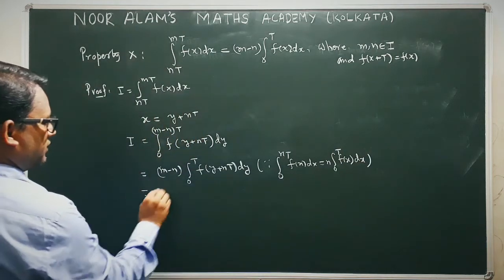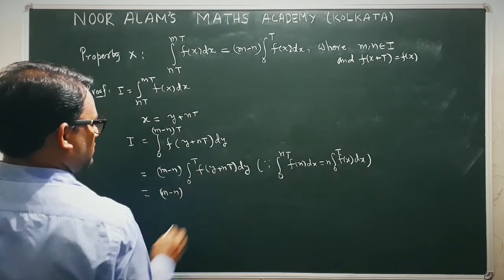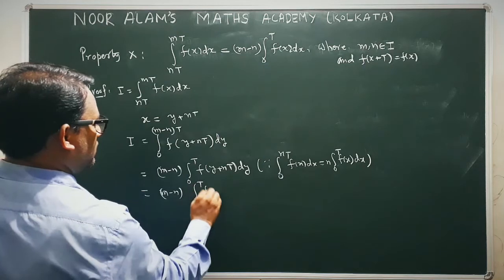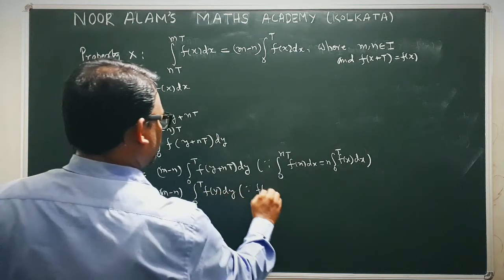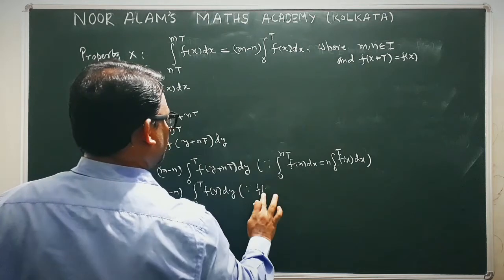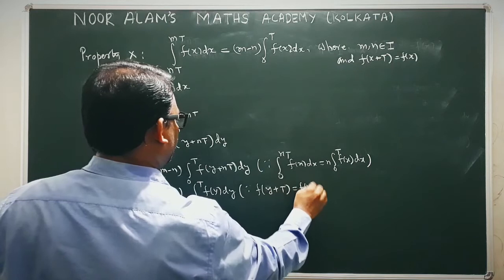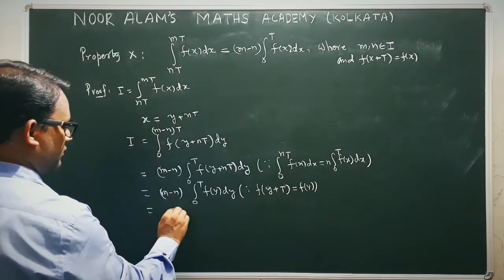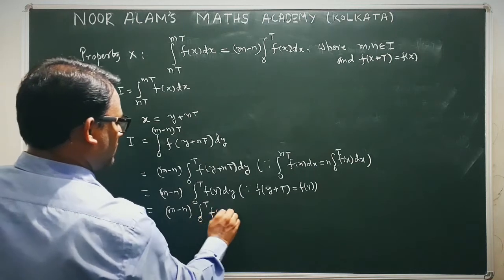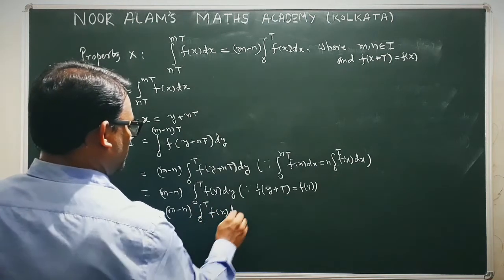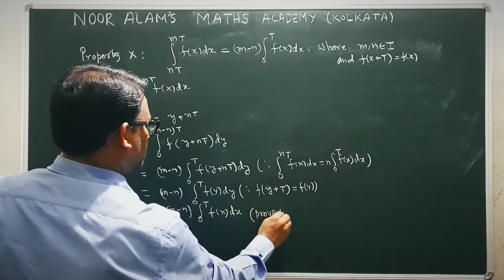So now what we see is that (m minus n) times 0 to T f(y + nT) dy can be written as 0 to T f(y) dy, as f is periodic, or you can write f(y + T) is equal to f(y). Since we know that the value of integration is independent of change of variable, so we can write f(y) dy as f(x) dx. This completes our proof.